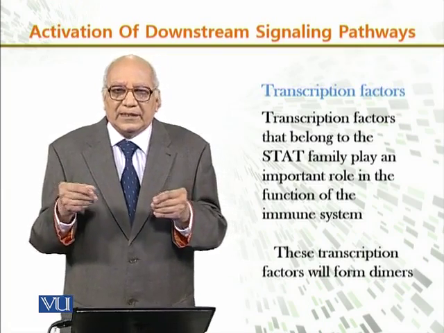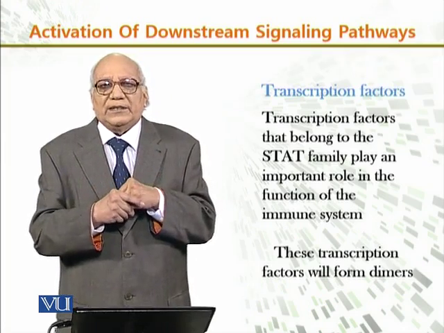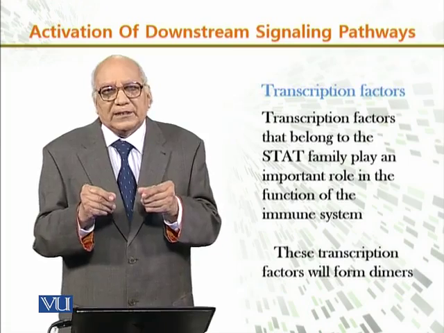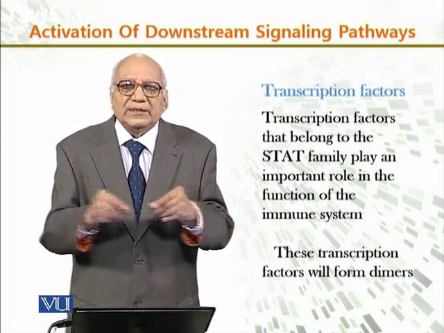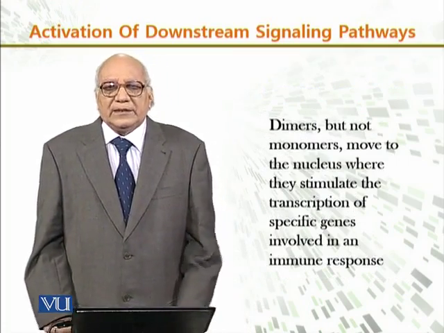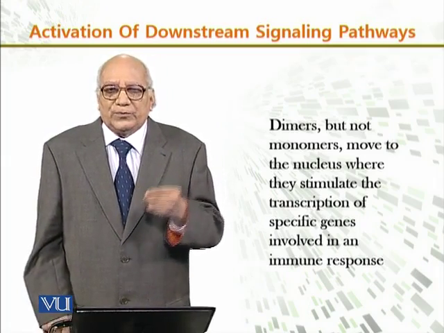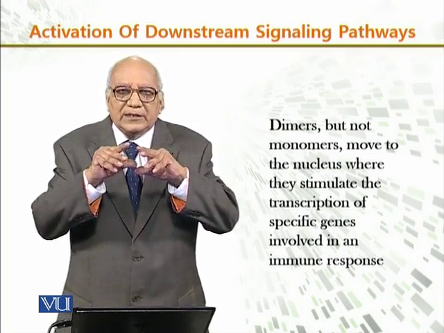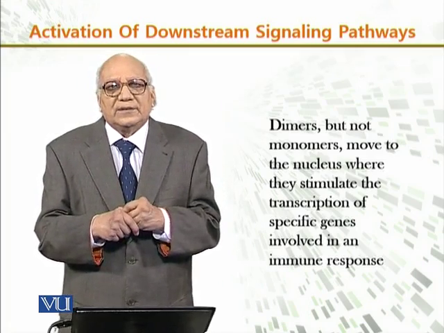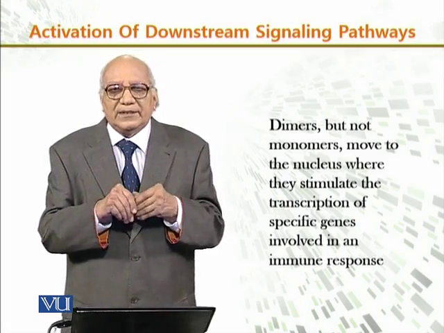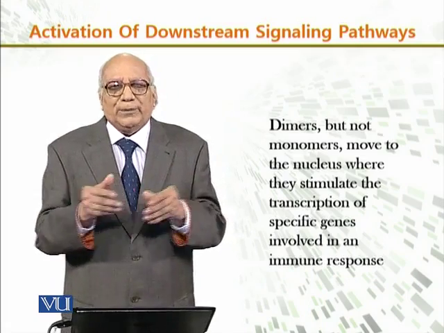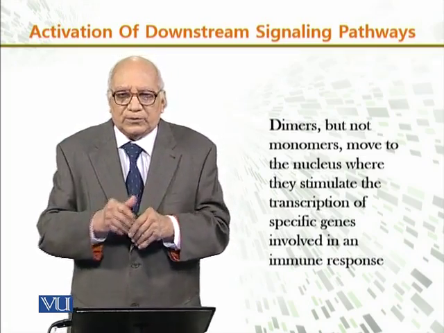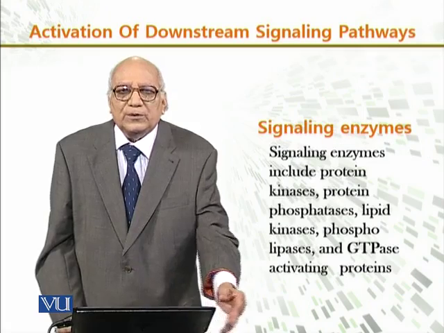Because these are proteins, there will be an immune system developing at the same time in the biological cells, so they will control that. And these transcription factors will form dimers. Transcription factors always make dimers, two, because they are not in monomer form. Dimers, but not monomers, are made and they move to the nucleus where they stimulate the transcription. Where will the dimers go? They will go to the nucleus of the cell. And where is the nucleus of the cell? You probably know already, that is in the cytoplasm, and they stimulate the transcription of specific genes, the particular genes toward which the signal is coming. They will stimulate and activate them to be involved in the immune response.